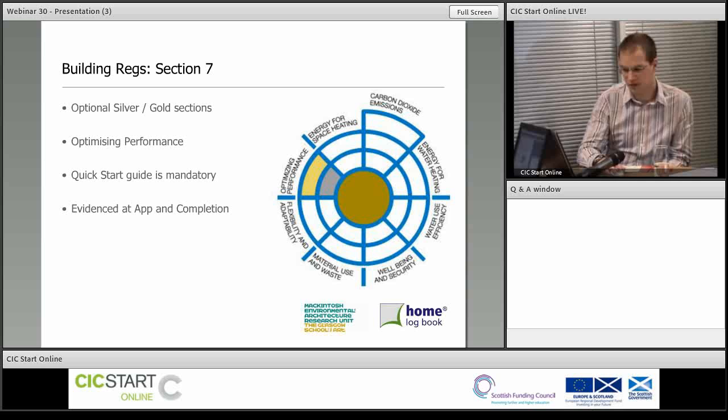This is a slide showing the initial Scottish Government building regulations guidance, and you'll see there are a couple of key points in that. It has to have a floor plan that's specific to the house, and it uses language that conveys technical information in a non-technical manner. That's a particular point.